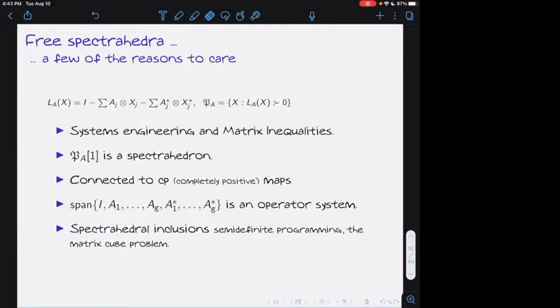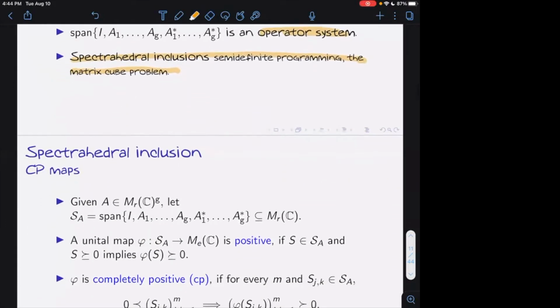Of course, they're connected to ordinary spectrahedra at level 1. There are connections to completely positive maps, operator systems. I'll say a little bit more about that. And then when you look at spectrahedral inclusion problems, it's natural. In fact, I'm going to discuss that in a little bit more detail, with an example in a moment. So maybe I'll just move on to that soon.